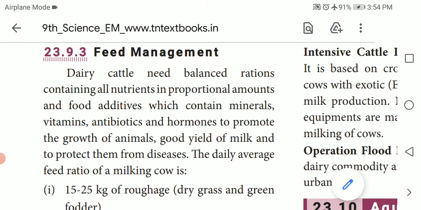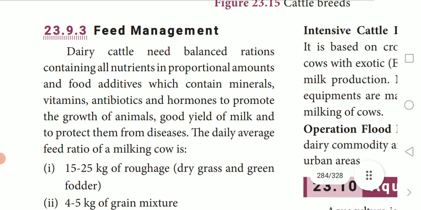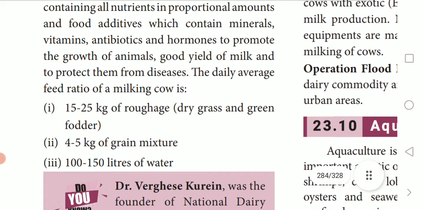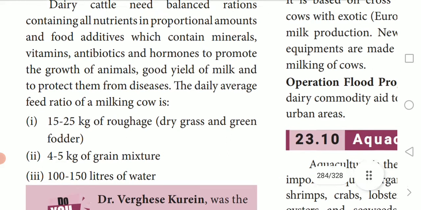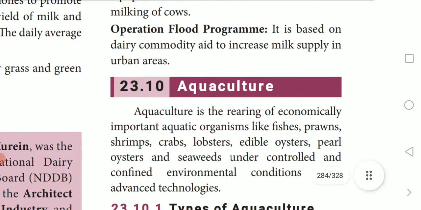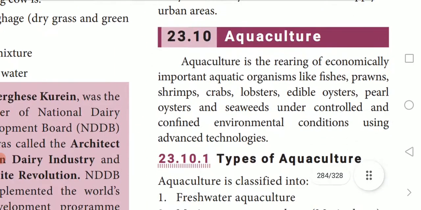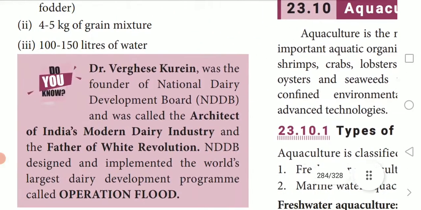The daily average feed ratio of a milking cow is 15 to 25 kg of roughage, 4 to 5 kg of grain mixture, and 100 to 150 liters of water. These are the feed management.